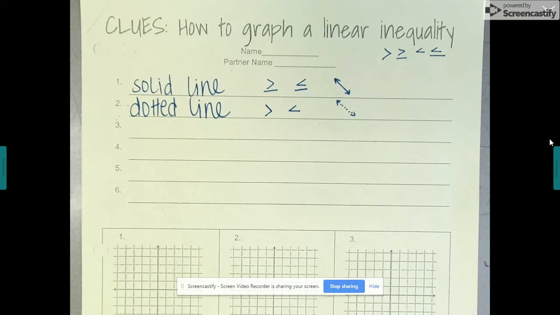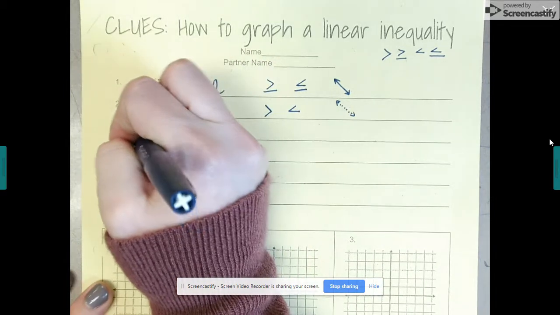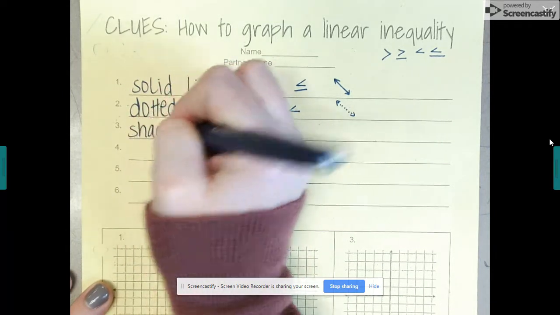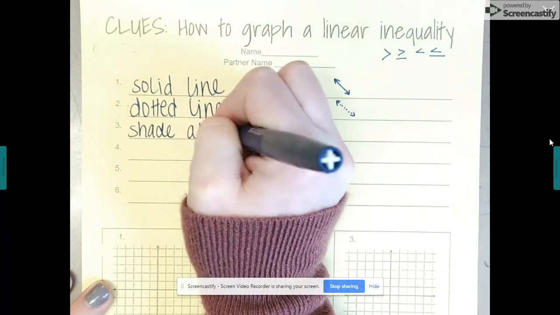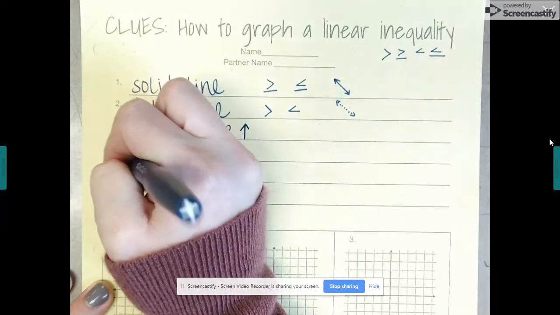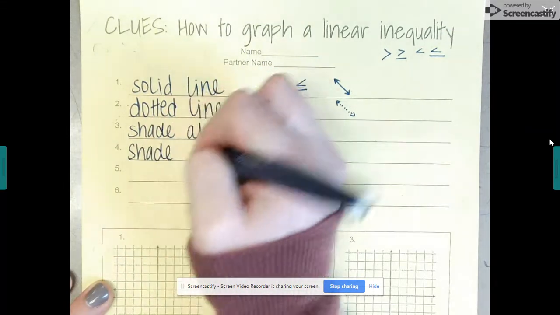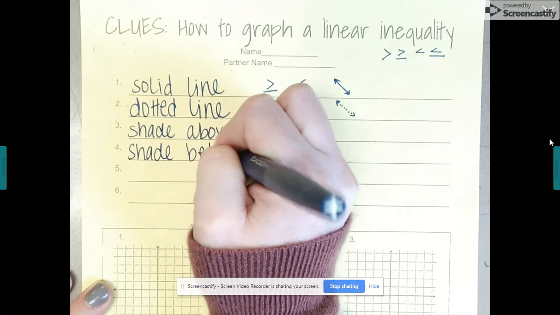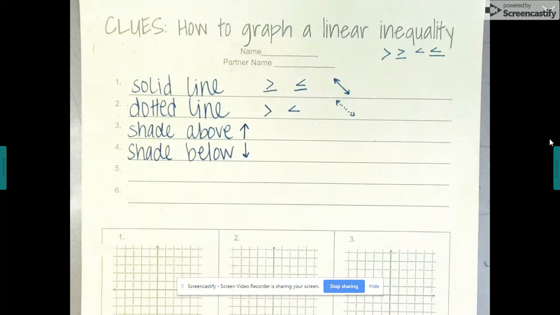Reminder, you guys can pause and rewind this video whenever or how long you want. All right, number 3, then we have the shade above and shade below. So when we graphed them just on a number line, we shaded left or right. If it was negatives, it was less than. If it was greater than, it was positive.